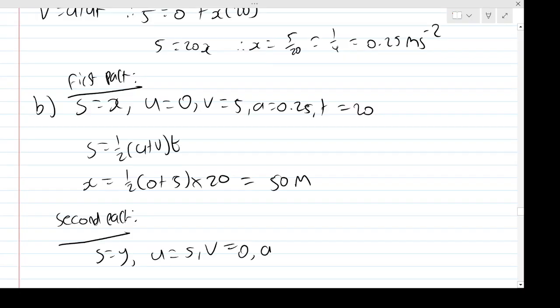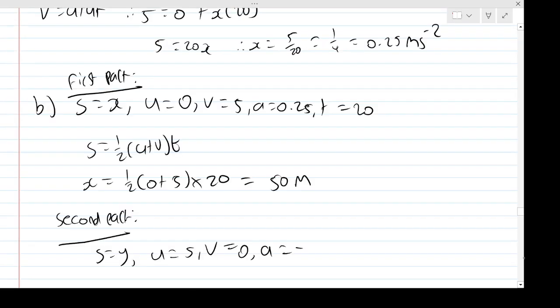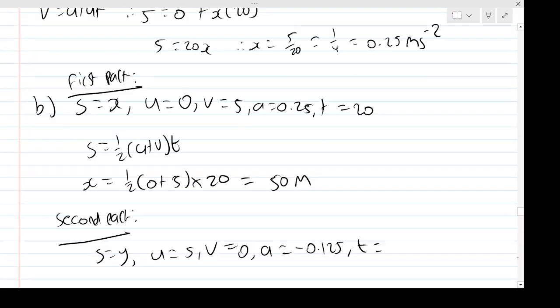A, as we discussed, the acceleration is minus 0.125. And the time T, I'm not given the time here, so I don't know it and I don't care.